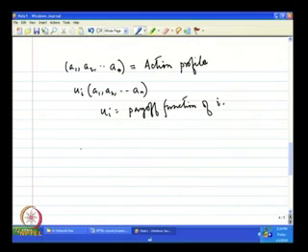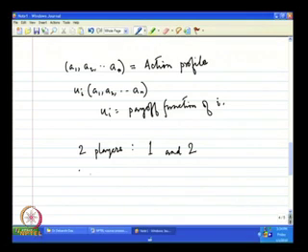Suppose there are two players. Again, let us suppose A and B. No, let us not take A and B, because A stands for action. Let us take the players to be 1 and 2.